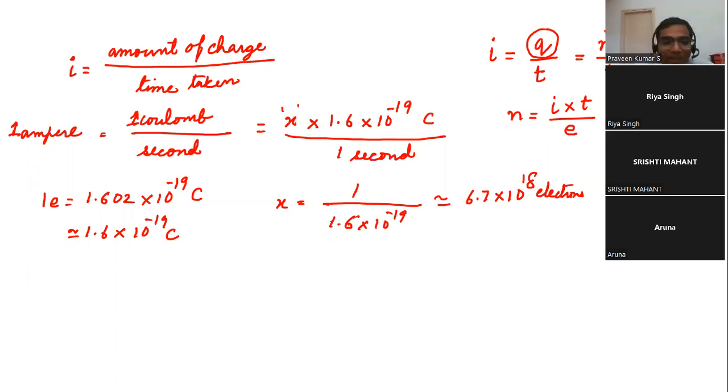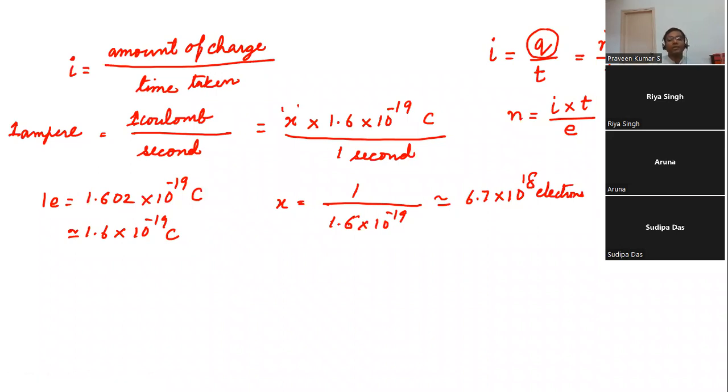Sometimes they might ask you how many electrons flow, so what you have to calculate is N, or sometimes they will ask you to calculate the amount of current. Then you just have to calculate I. So there are multiple ways to calculate current here.